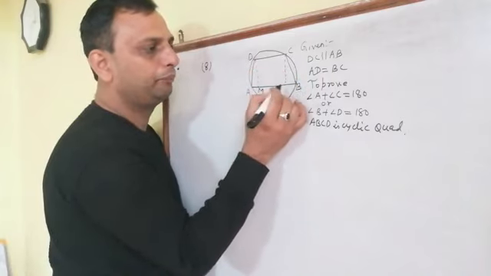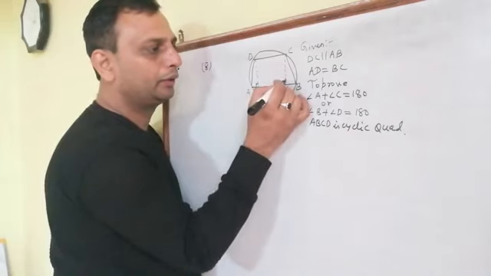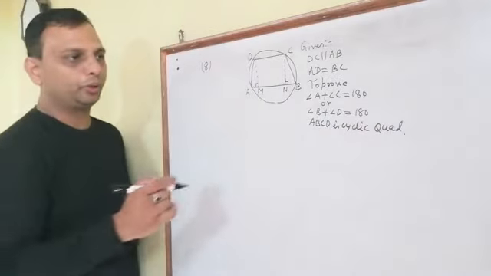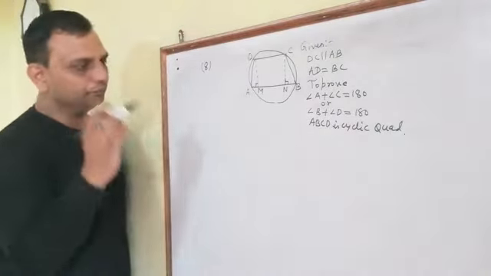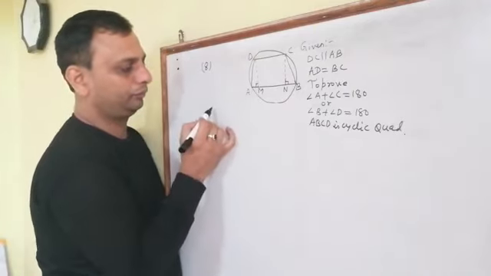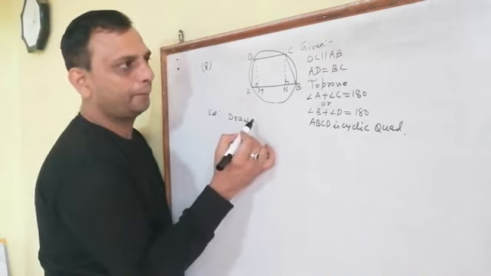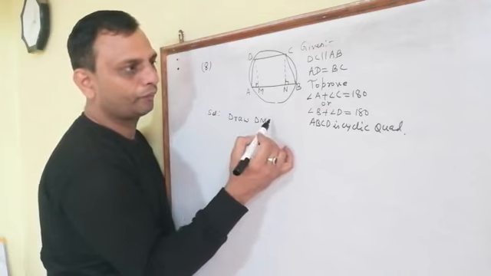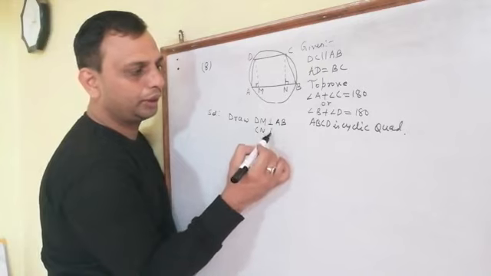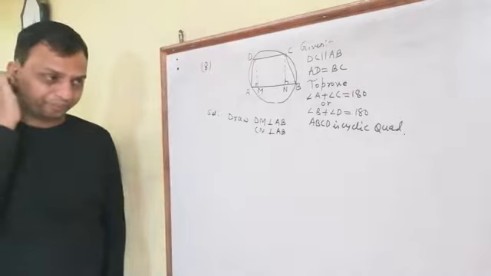Here it will be M, here it will be N, this is 90 degrees, this is also 90 degrees. So in construction, write: draw DM perpendicular to AB, CN perpendicular to AB.